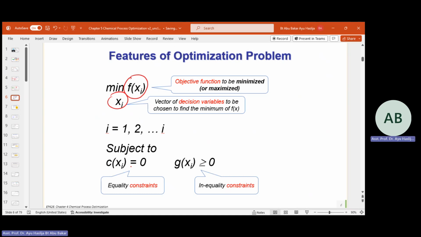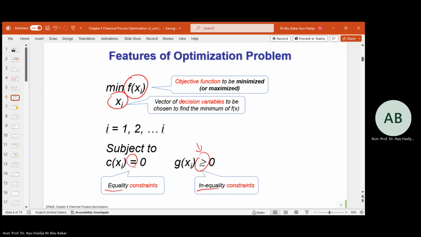Here equal means equality constraint. Inequality constraint, this sign represents the inequality. This sign represents equality.